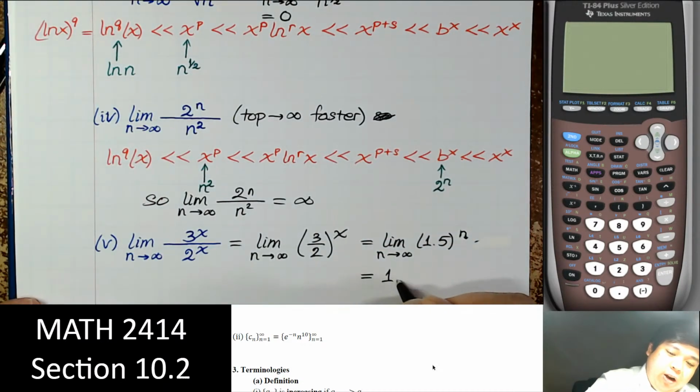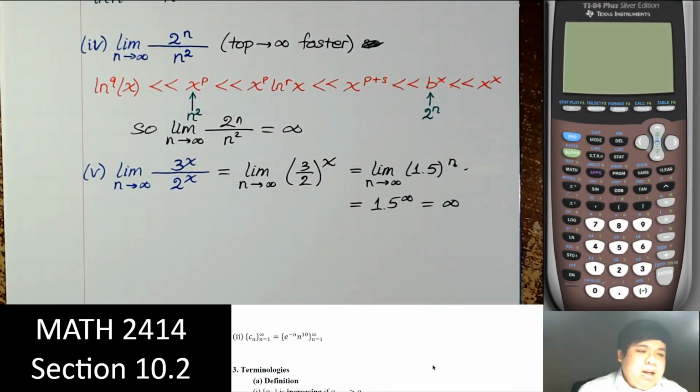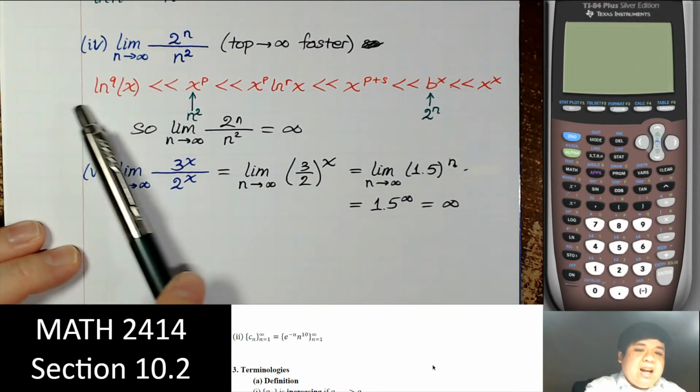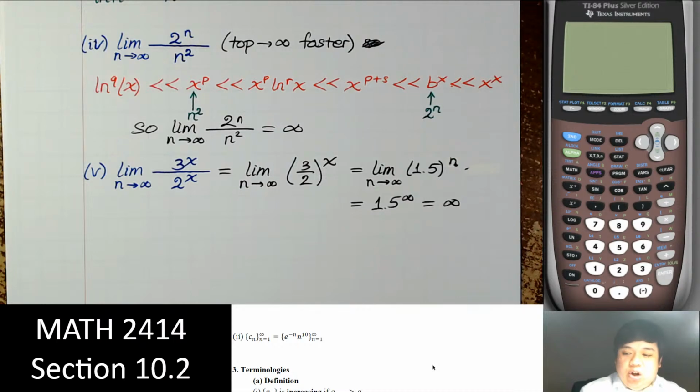And we have 1.5 to the n going to infinity. Of course, it's infinity. By the way, it might be that list. Of course, we have to write in general like that.